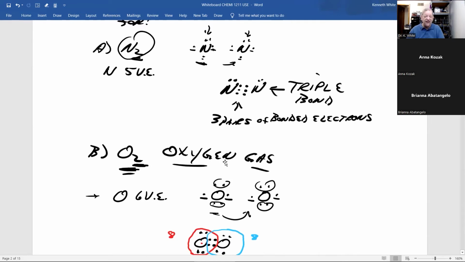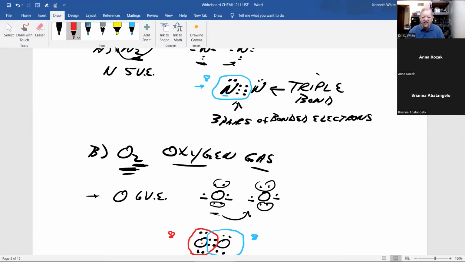Now, if we look at nitrogen gas here, same thing. On this nitrogen atom, how many shared and non-bonding electrons are there? 2, 4, 6, 8. Octet rule, it's happy.